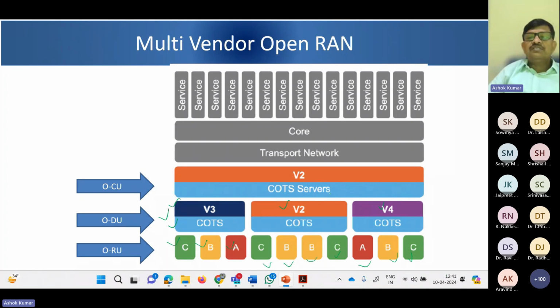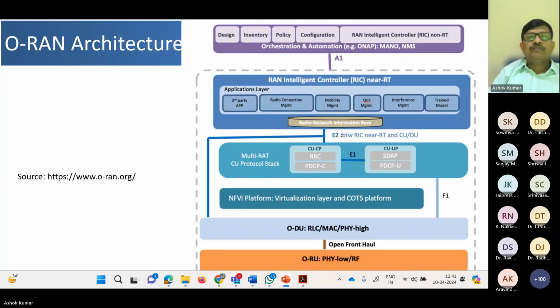And the COTS servers may come from some other vendor. So that means hardware from X vendor, software from Y1, Y2, Y3 vendors, and then I can build Open RU, Open DU, and Open CU. And of course, then I have the core at the top. So I can mix and match the equipment depending upon what works for me, what is cheaper and what is more efficient for me.